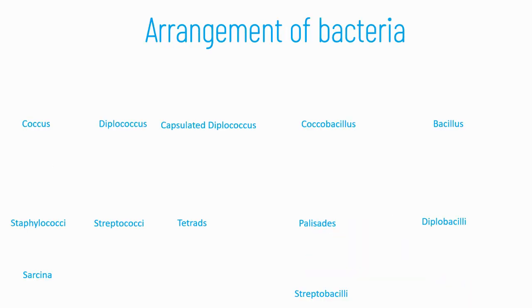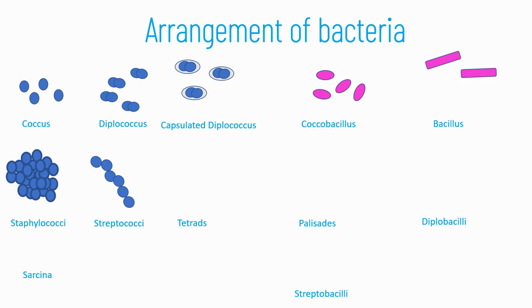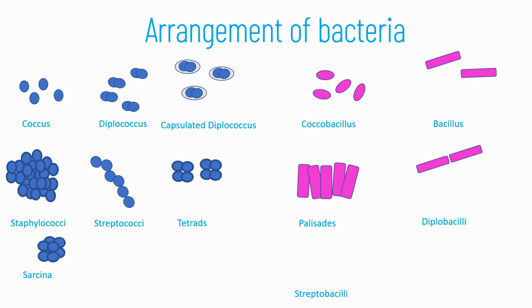Gram staining also helps us find the common arrangements of bacteria that can be single cocci, diplococci, capsulated diplococci, cocobacilli, single bacilli, grape-like clusters of cocci, example staphylococci, cocci in chains, example streptococci, cocci in tetrads, bacilli in palisade arrangement, diplobacilli, cocci in sarcina arrangement, and bacilli in chains.